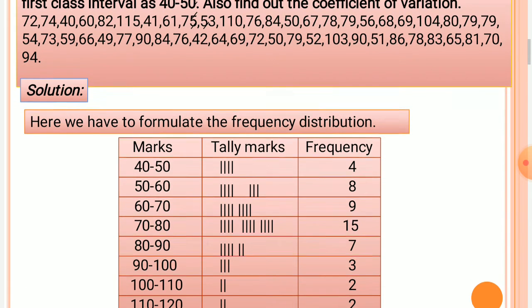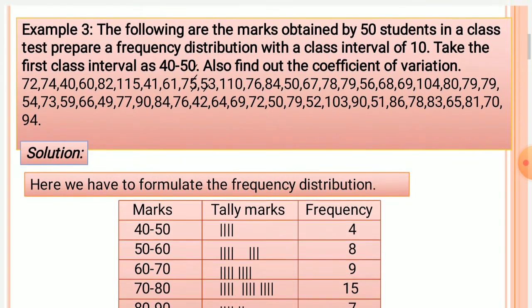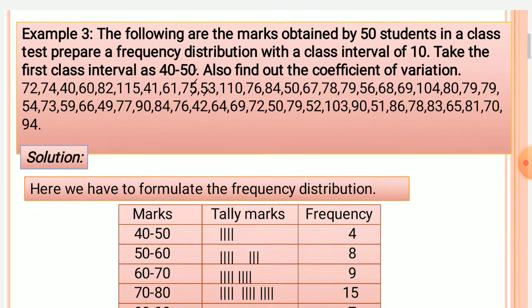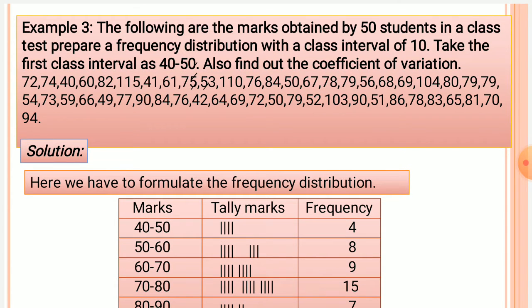So here we have to convert to a class interval of 10, taking the first class interval as 40 to 50, and afterwards formulate the frequency distribution.